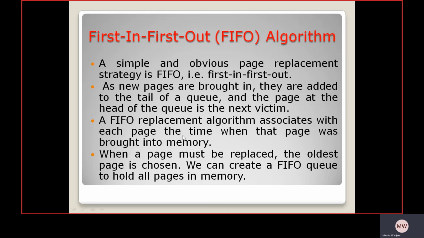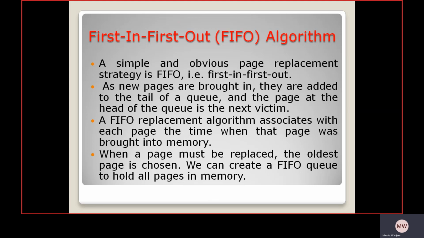There are different types of page replacement algorithms: first in first out algorithm, optimal page replacement algorithm, and LRU. Out of those, we see the first in first out algorithm.